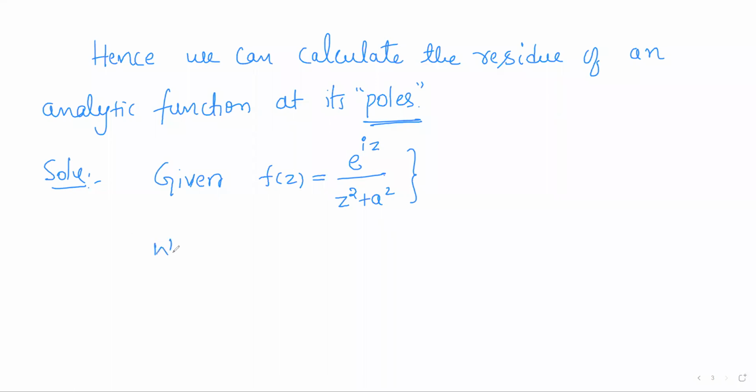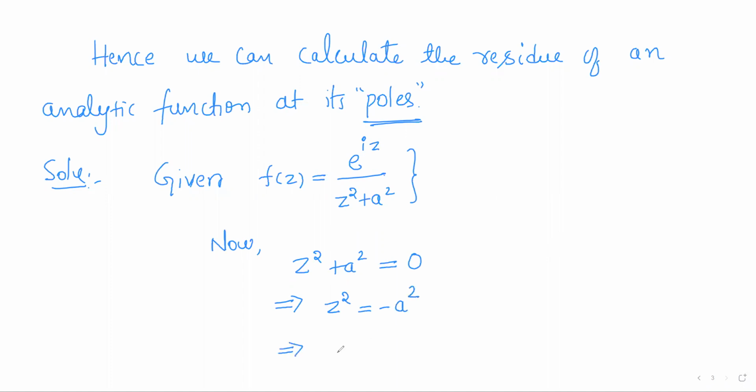Now consider the denominator function and check when it will be equal to 0. So z square plus a square equal to 0 implies z square is equal to minus a square.